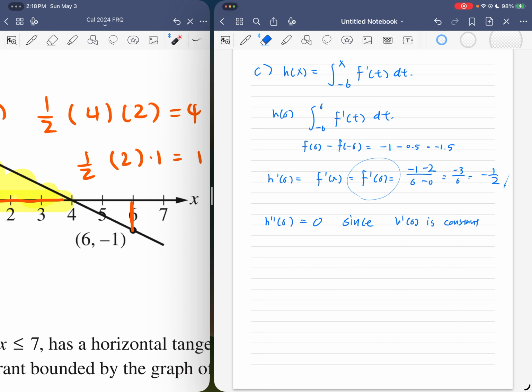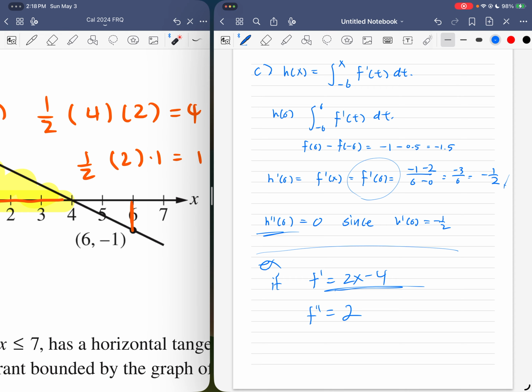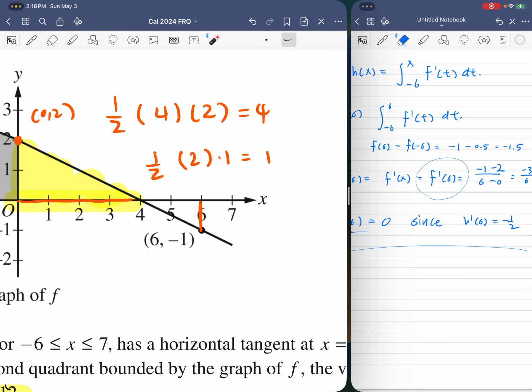If you don't understand what I mean, if f prime was like 2x minus 4, then f double prime is going to be the derivative of this, which is 2. But as you can see, our first derivative is negative 1/2. So when you take a derivative, you are going to have just 0, because it's linear. Only because it is linear.